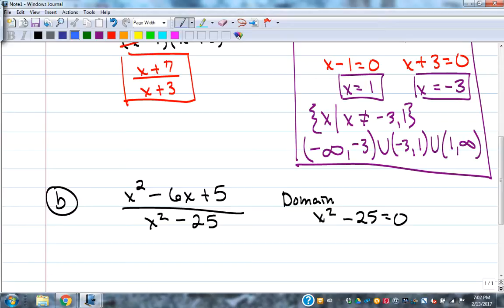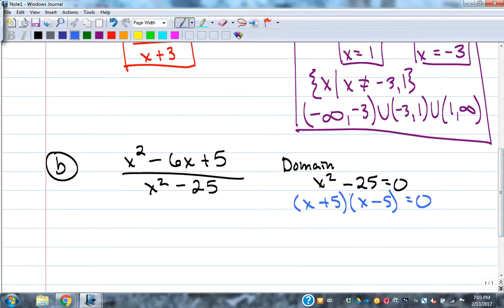Well, 5 and -5, because this is 2 terms. It's 2 terms, so it's a difference of squares. So my factors are x plus 5 and x minus 5. And then solving those, we get x plus 5 equals 0, x minus 5 equals 0, and we get x equals -5, x equals +5. Those are things x cannot be.